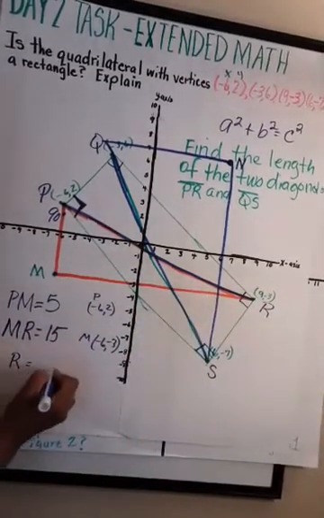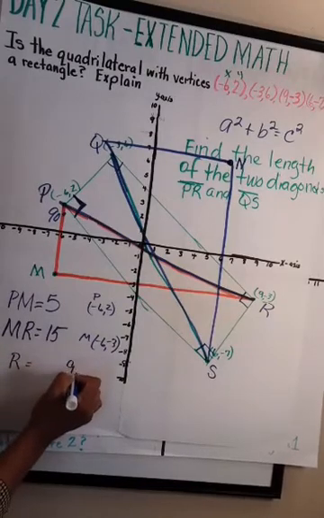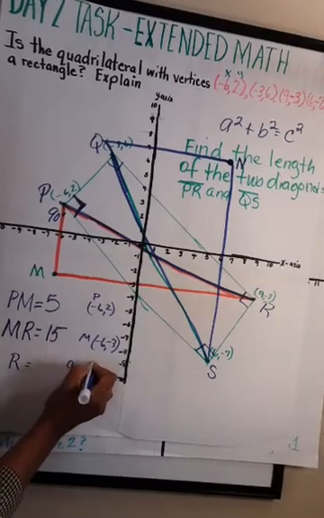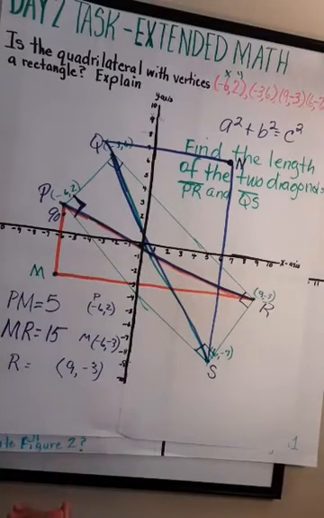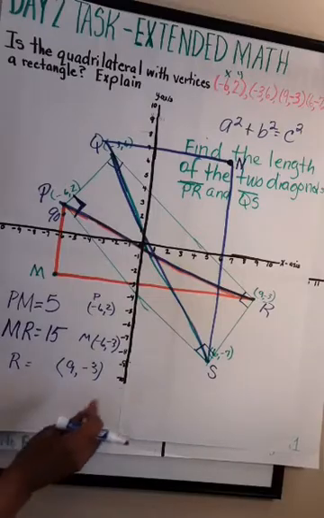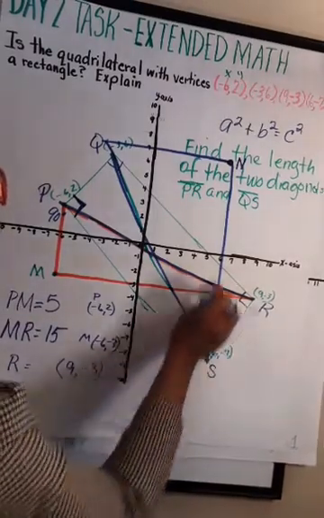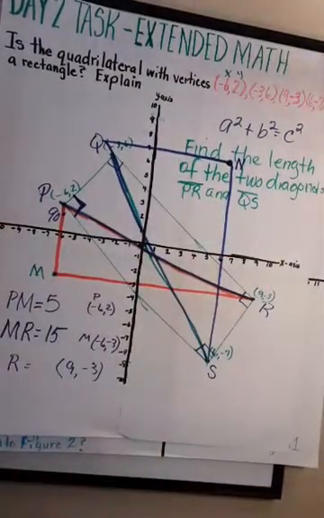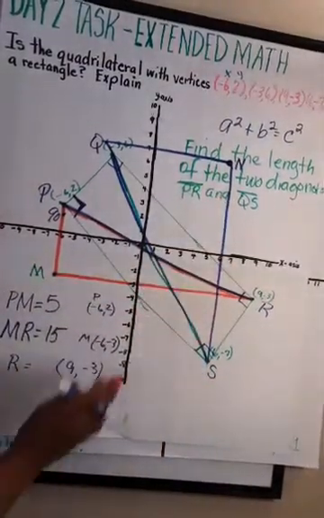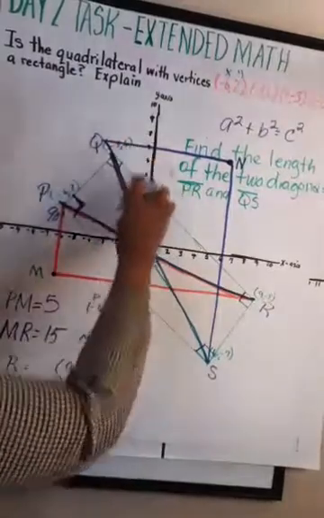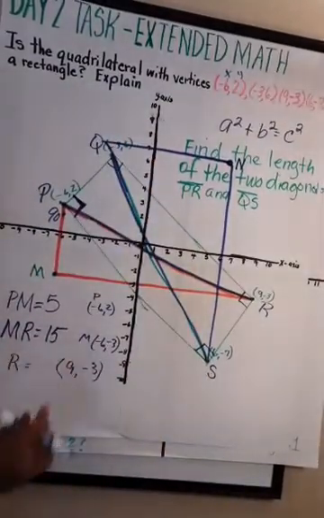A 9 and a -3. That's what R was. So, the same way, you're going to count from S to N to find out how far it is from that space to that space when we get to that particular triangle. But let's work with this one first.